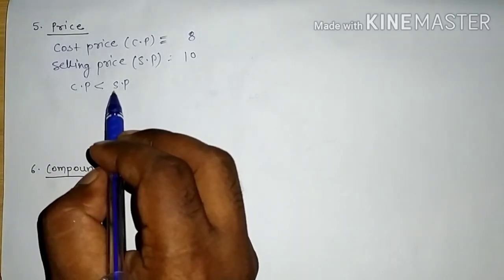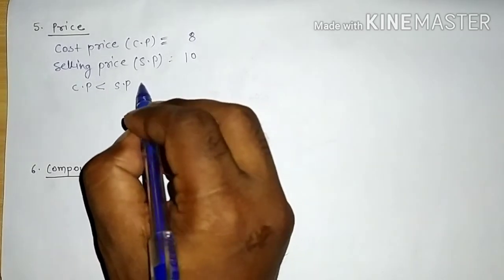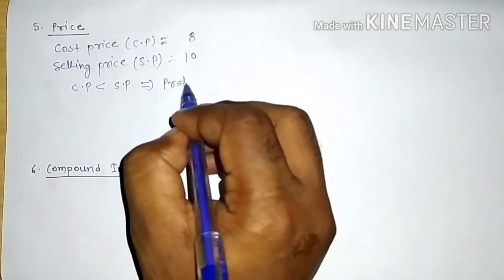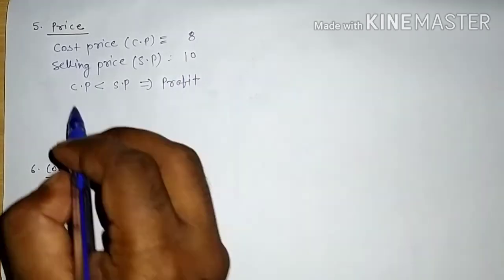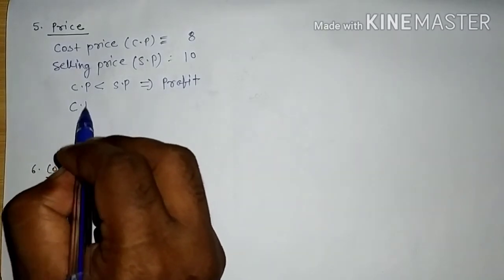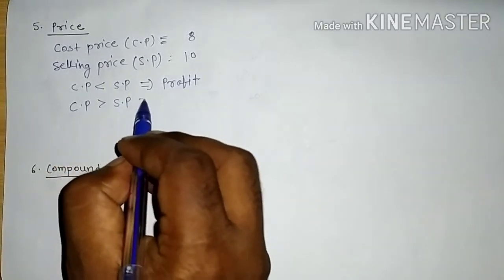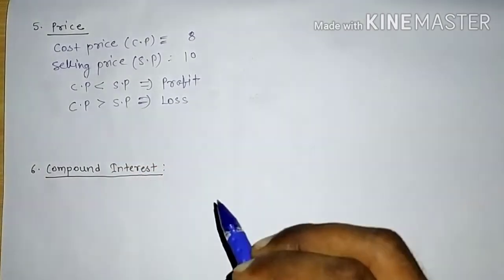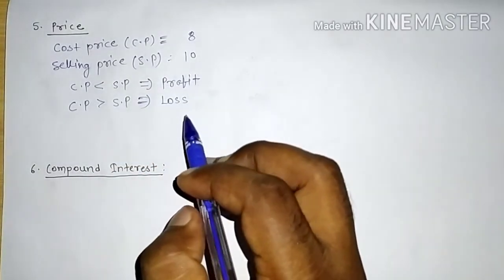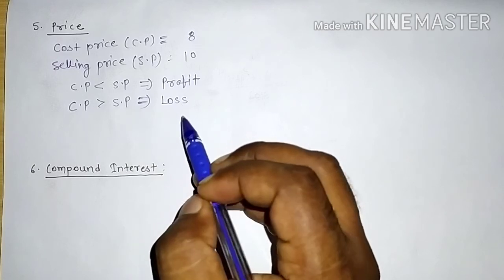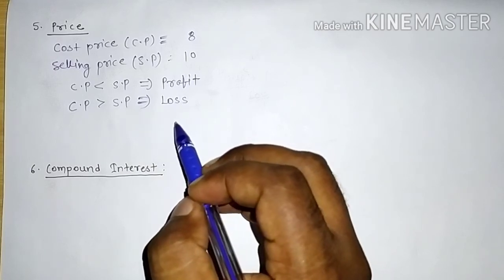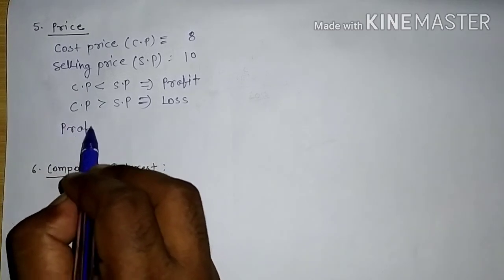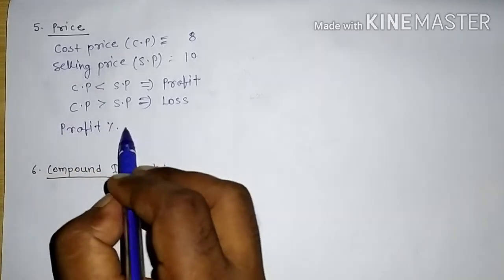In this condition the shopkeeper gets profit, and if CP is greater than SP, that means he faces loss on this transaction. Now two formulas are given, profit percent and loss percent.